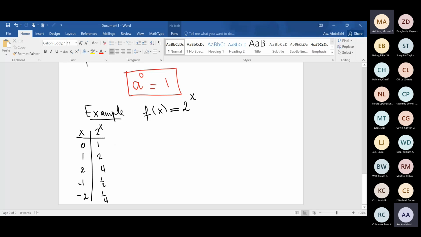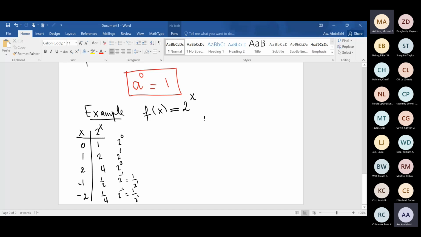Thank you very much. So 2 to the 0 power is 1, right? 2 to the 1 power, of course, is 2. 2 to the second power, of course, is 4. And now 2 to the -1 power is 1 over 2 to the 1 power, which is 1/2. And 2 to the -2 power is 1 over 2 squared, which is 1 over 4.